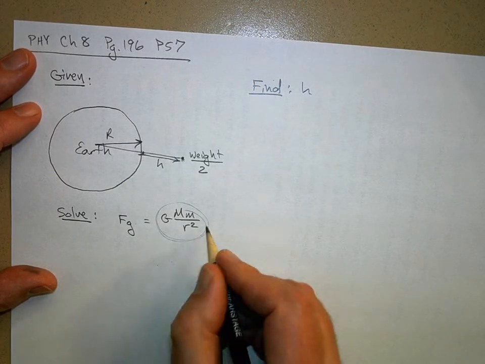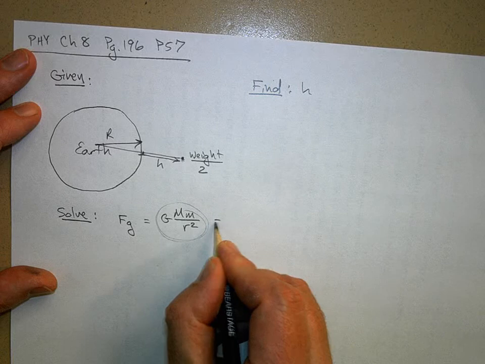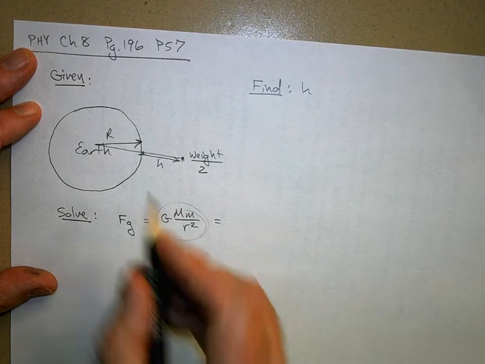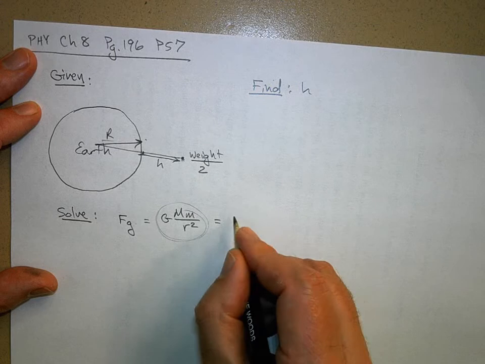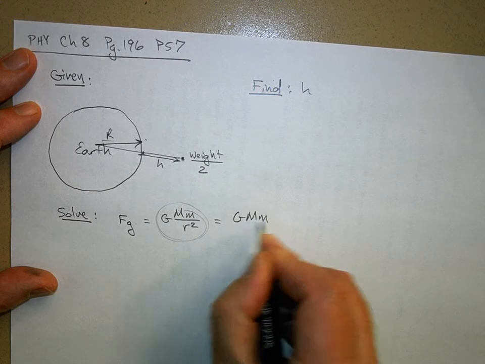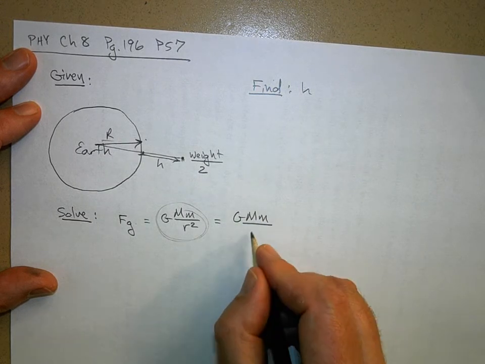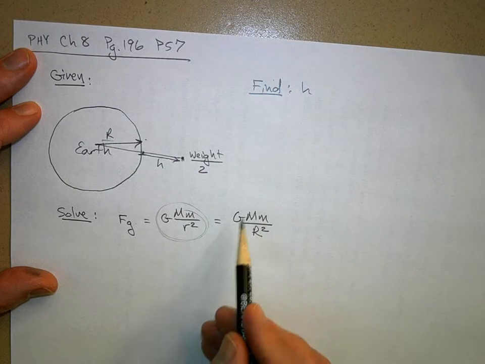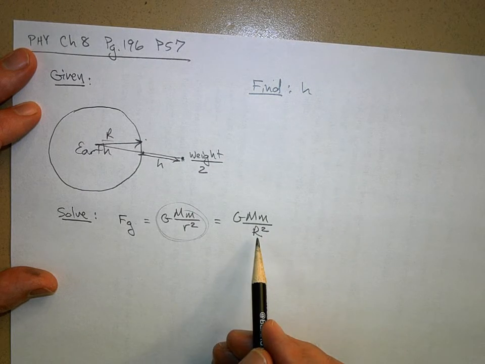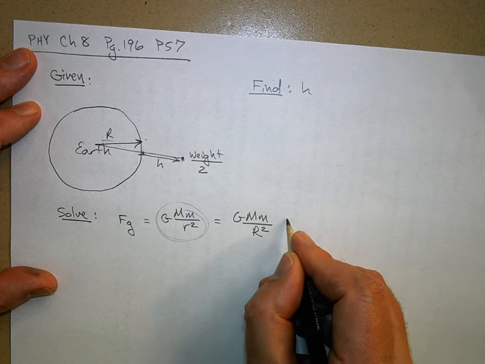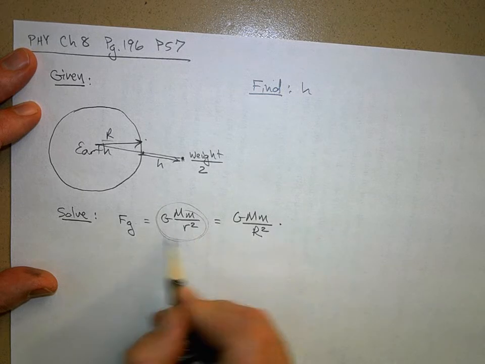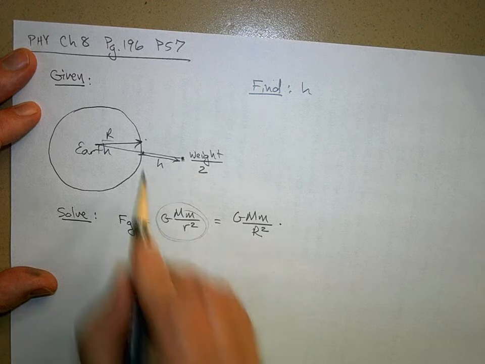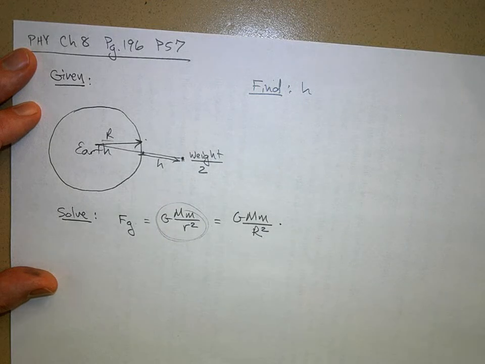Now this is going to be equal to our weight on the surface at radius r. So that's GMm over r squared, but it's half of this, right? It's 1/2, but our weight out here, somewhere out in space, is half of what it would be on the Earth's surface.